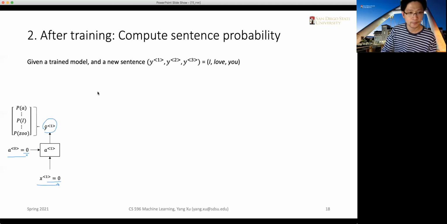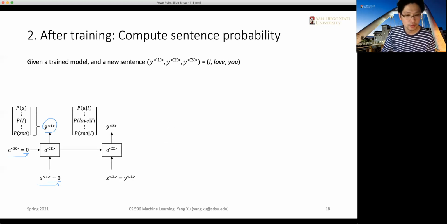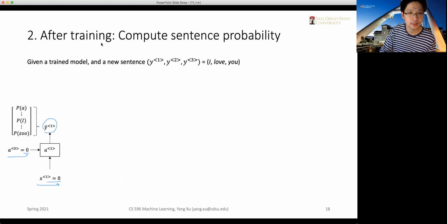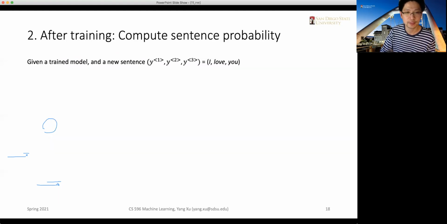It's actually a bunch of probabilities. Okay, so I think I made a mistake. So this step is not for generation yet.